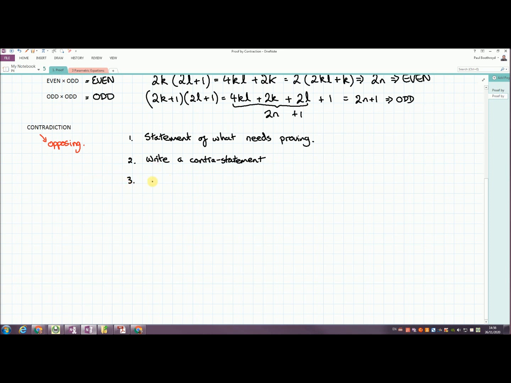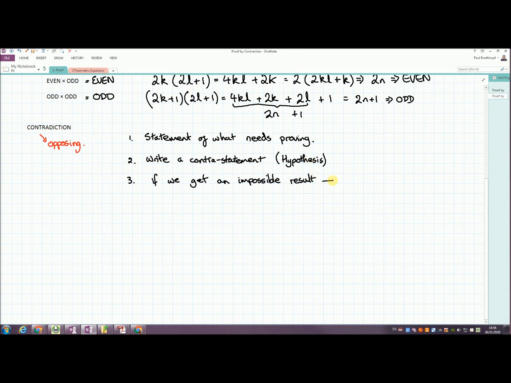So number 3 is if we get an impossible situation, it means, write a contra statement which is effectively a hypothesis, a theory, a statement that we believe to be true.